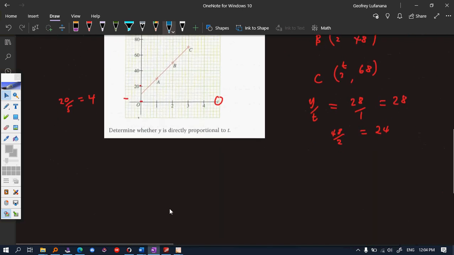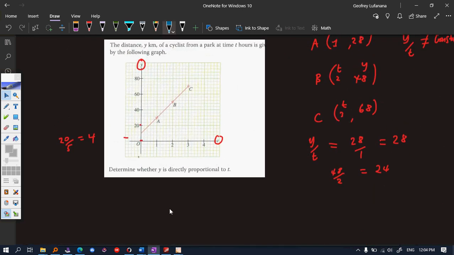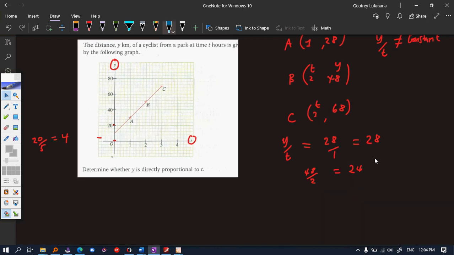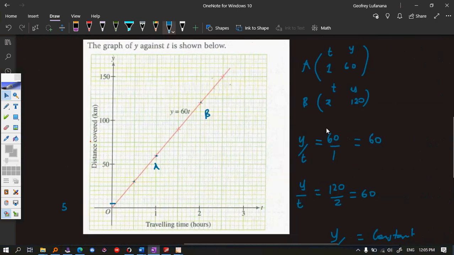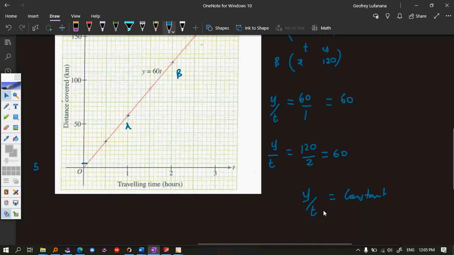If it's from a graph, we have to extract points from the graph and divide those corresponding values. If the division is not a constant, then the variables are not directly proportional, like in the first graph case. And if they are equal to a constant, then those variables are directly proportional.